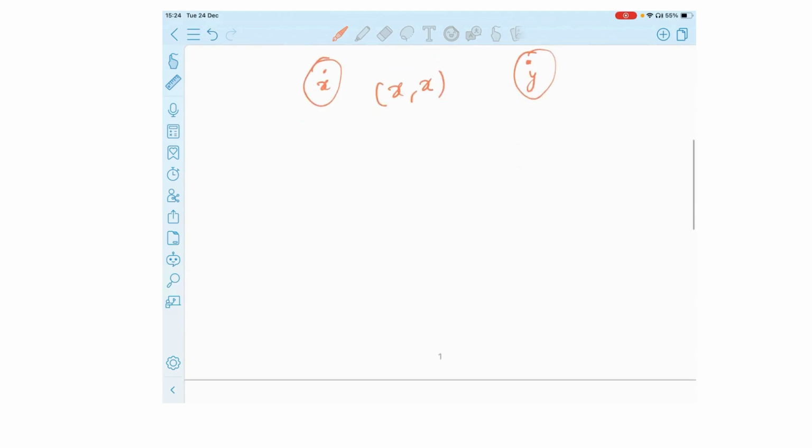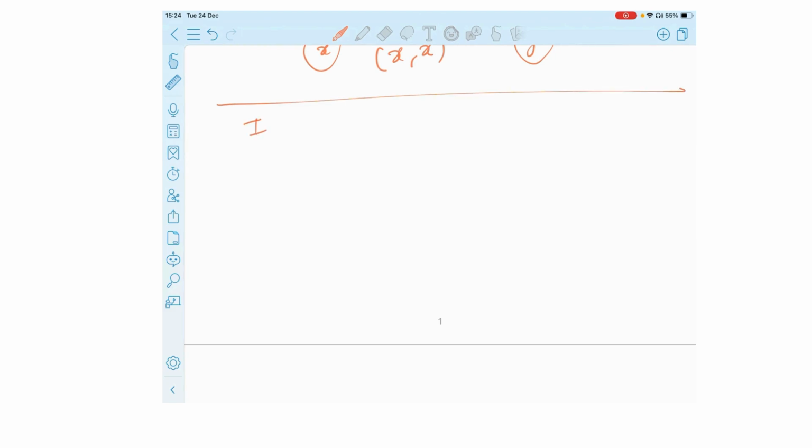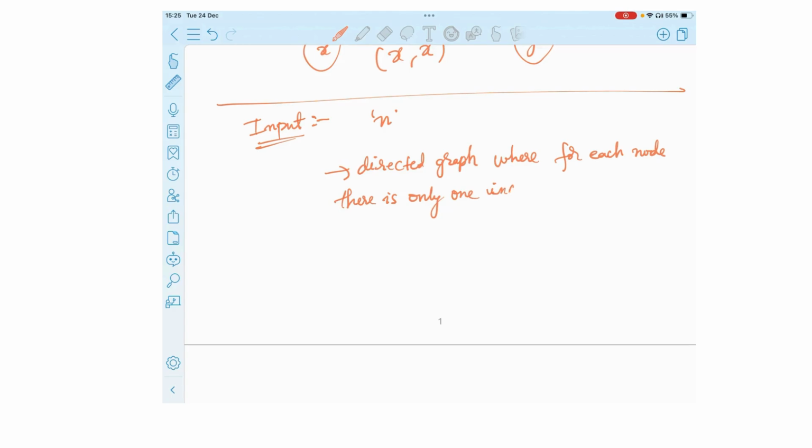Now coming to the problem, to express it even more clearly in technical terms, what will be given as input is the number of stations n, and for each station we will get the destination. So what essentially it implies is a directed graph where for each node there is only one incoming edge and one outgoing edge.